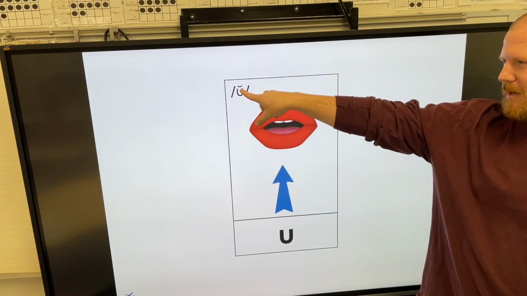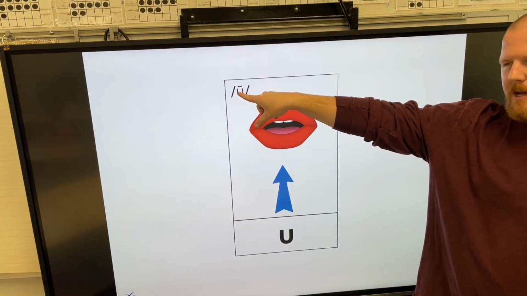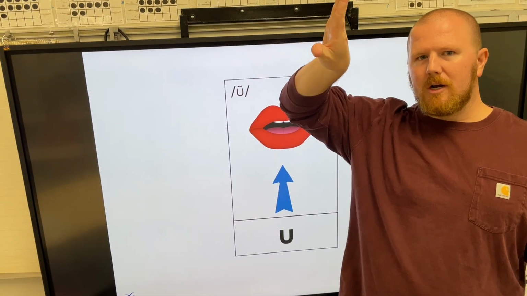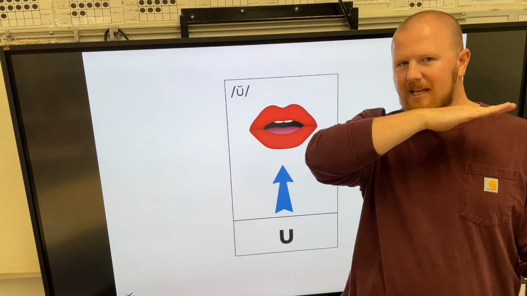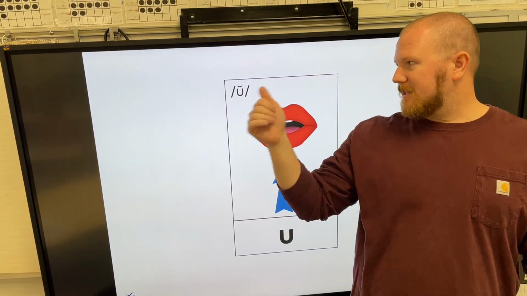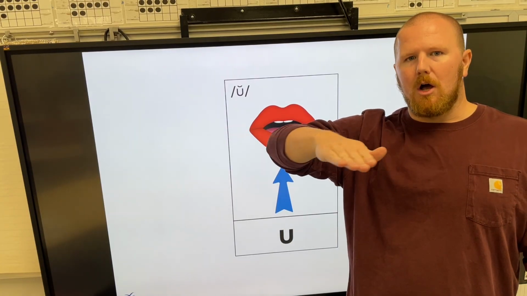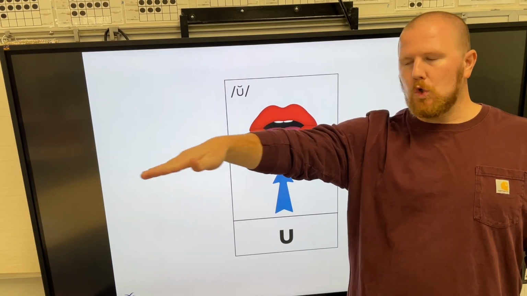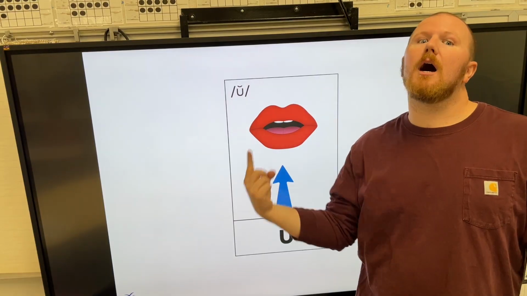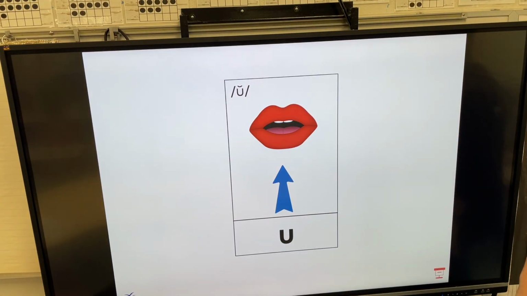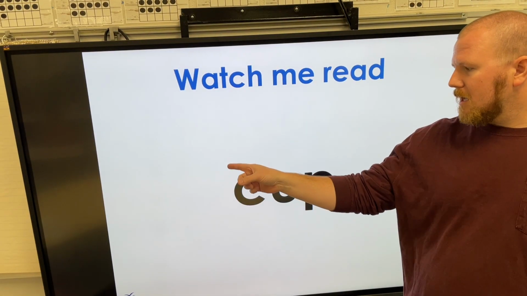Do you notice that little sign up there? It looks like a smiley face. That lets us know it's short. And if you ever see a long line, this is called a breve, and this is called a macron, the line. That means it's a long vowel sound like U. But this shows us it's a short sound. Cool. Watch me read these few words.